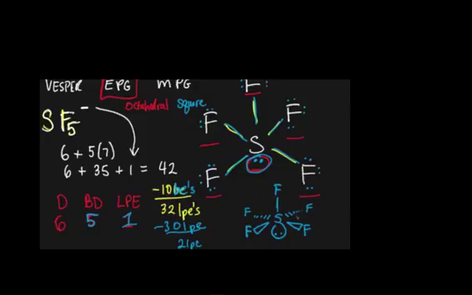So what's the bond angle between these? 90. Good. Note that a circle is 360 degrees, so just divide by however many elements you have. There are 4 elements, so 360 divided by 4 gives you the 90 answer for each angle.